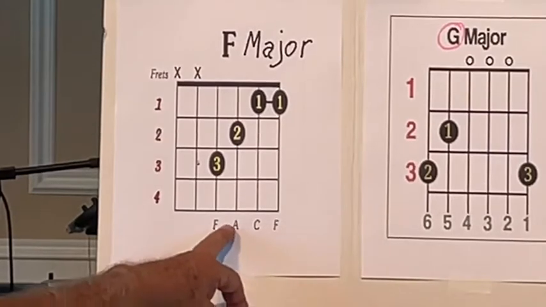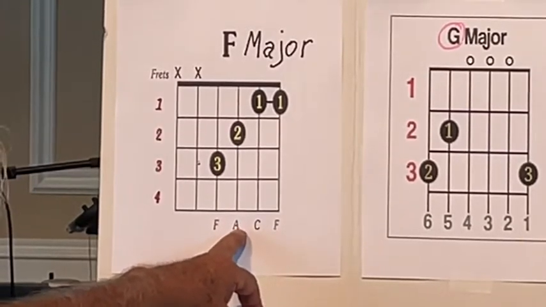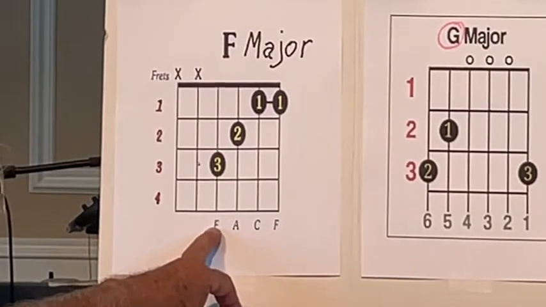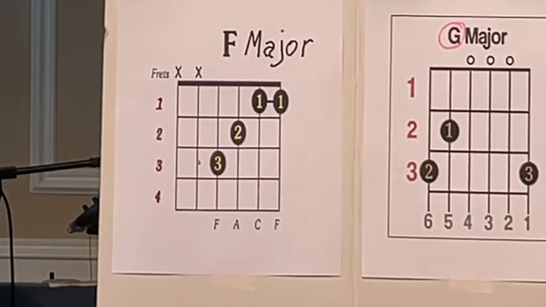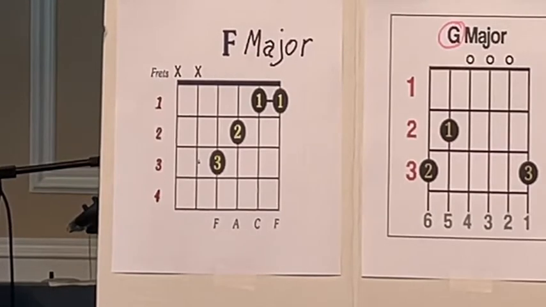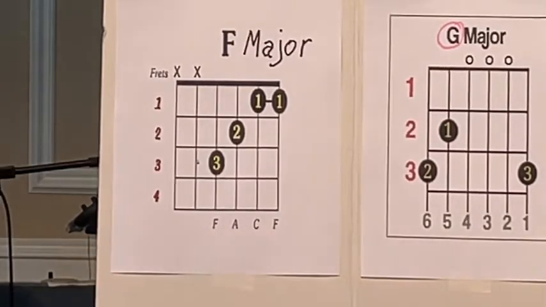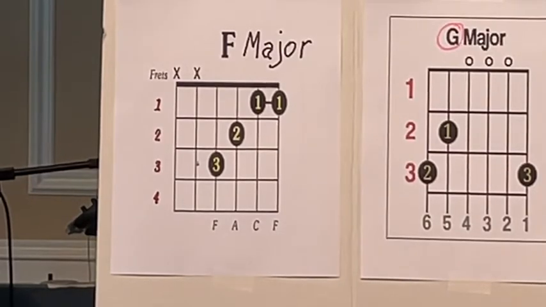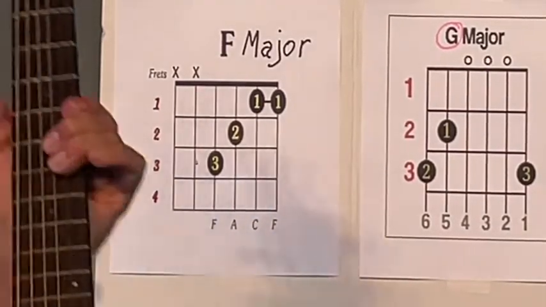Then the third string is played with the middle finger, second fret, and then the fourth string is played with the ring finger on the third fret. So let me just show you this F chord.